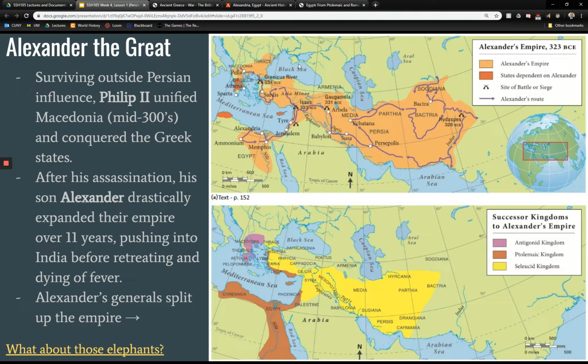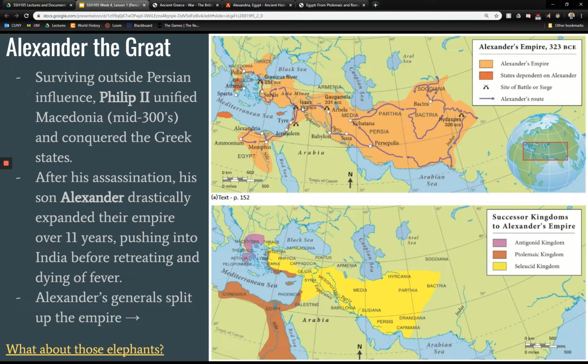And anyway, the most important thing to our class and to the broader course of world history is that Philip II's son picks up the baton, and now having a unified Greece behind him, drastically expands the empire by attacking the Persians, who had been this 200-plus year-long antagonist, and really running over the Persians throughout their empire.